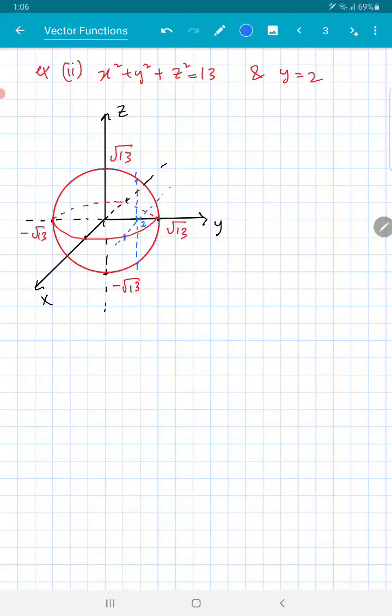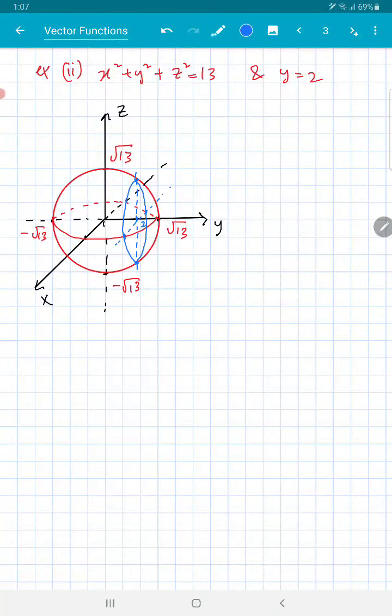So this is the circle. The circle will be on the sphere and also on the plane y equals 2.